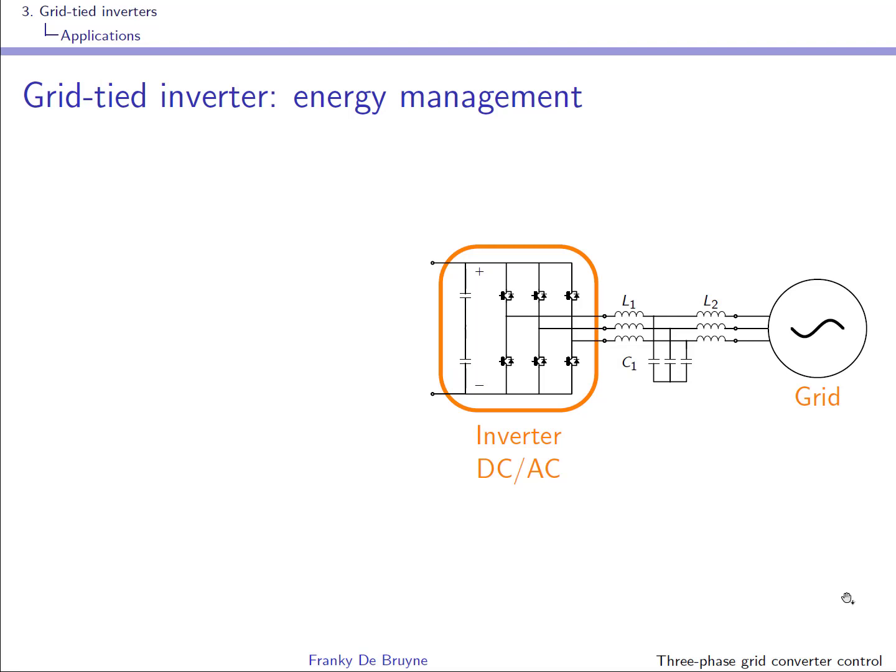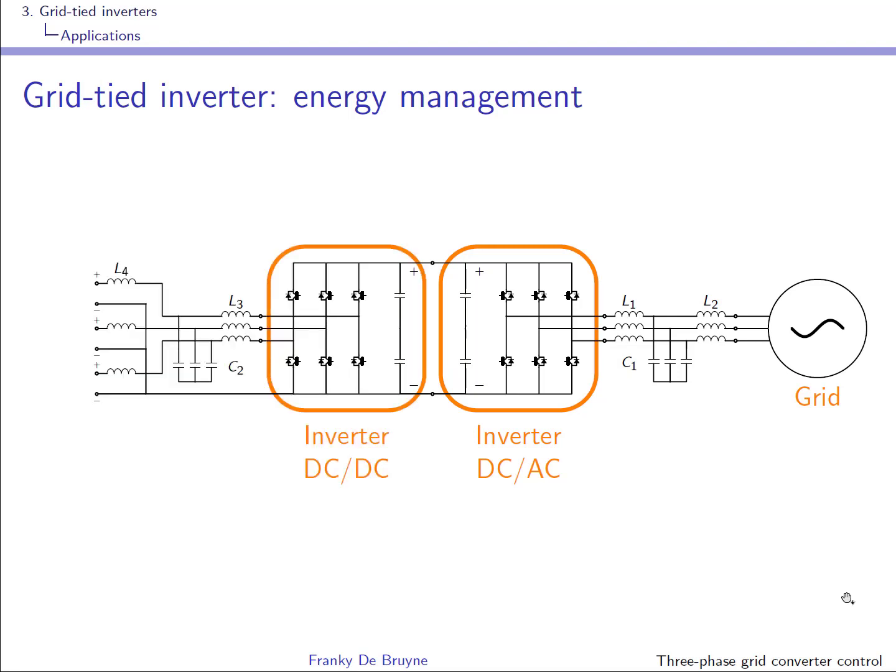Remember that all voltages here are with respect to the middle of the DC bus, and for energy management this grid-tied inverter is connected to another inverter, but this inverter is used for DC to DC power conversion, and this occurs also through an LCL filter, but here the voltages are with respect to the minus terminal of the DC bus.